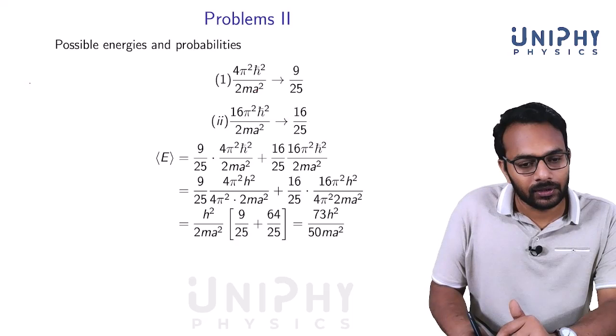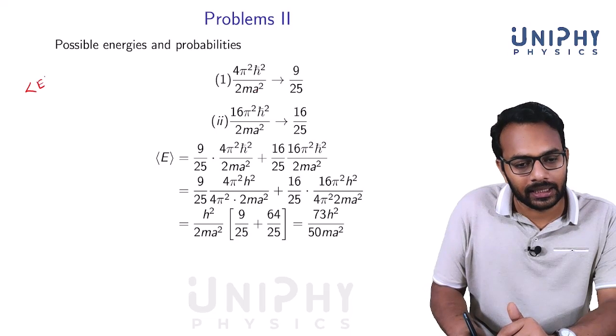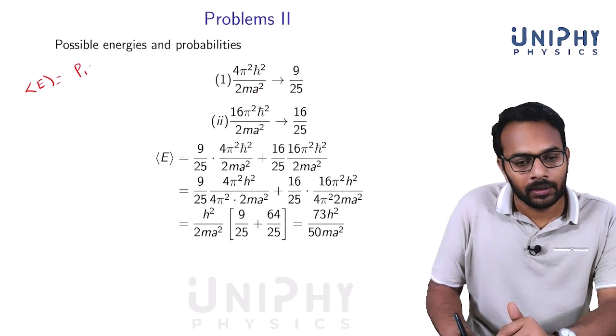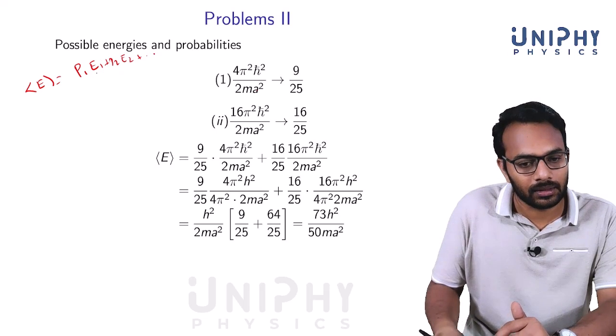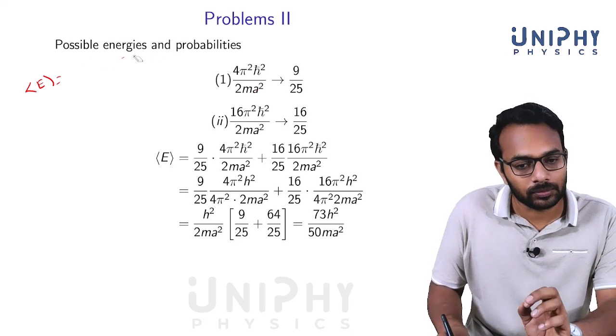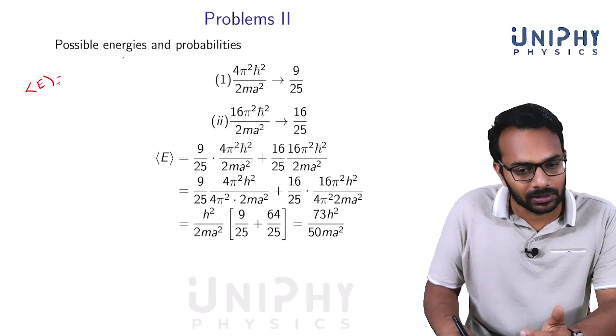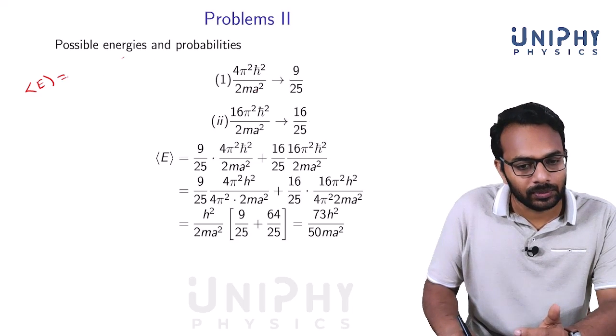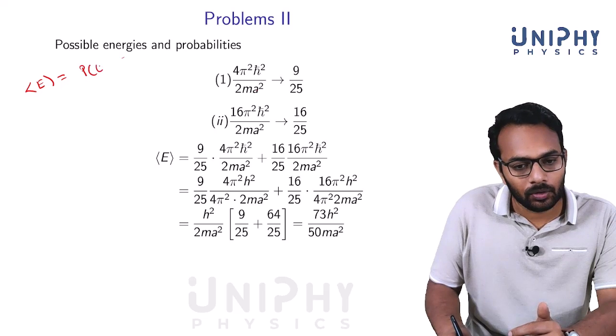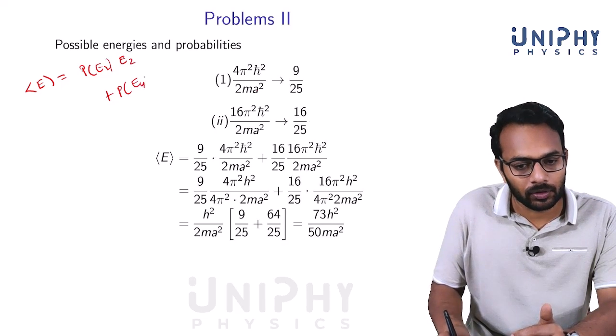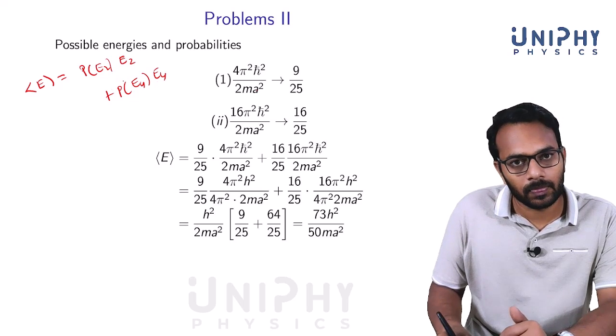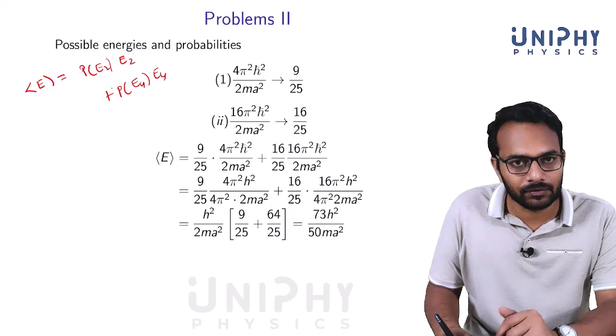So the average value of energy is of this form: P1 E1 plus P2 E2 plus etc. In this case we have two possible results and their probabilities. So this is equal to P of E2 multiplied by E2 plus P of E4 multiplied by E4. This is the typical definition for average.